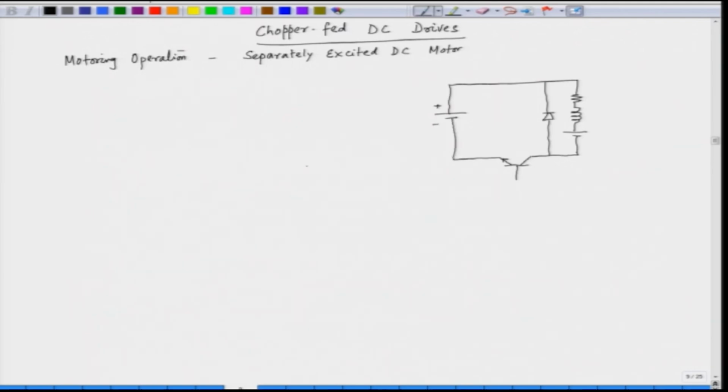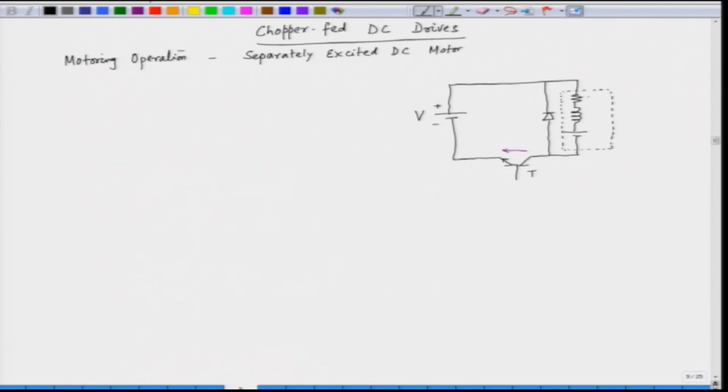The DC source is given as the voltage V, and the chopper transistor is T, which can only conduct in one direction, that is from collector to emitter. This is the direction of current through the transistor when it is on, and the armature of the DC motor is represented, as before, by this circuit.